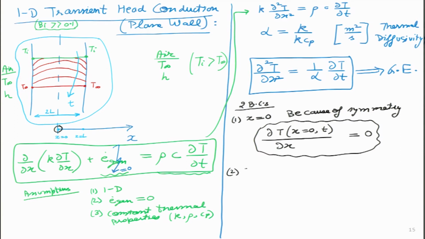Second boundary condition, let me apply at x equals to L. Over here I can make use of the energy balance, that Q dot conduction will always be equal to Q dot convection. So, what is the value of Q dot conduction at x equals to L? It is simply minus K del T by del x for x equals to L and for all times, is equal to, so instead of heat I am taking the heat flux.